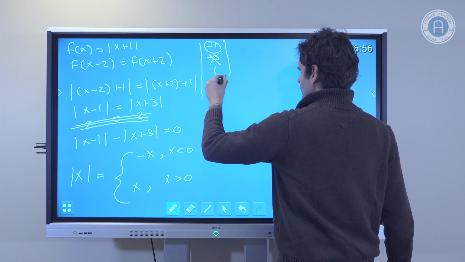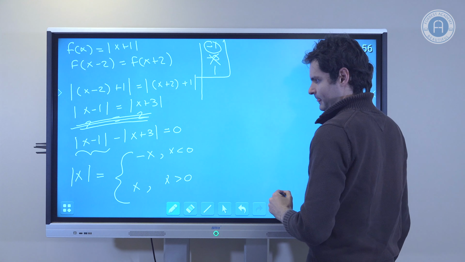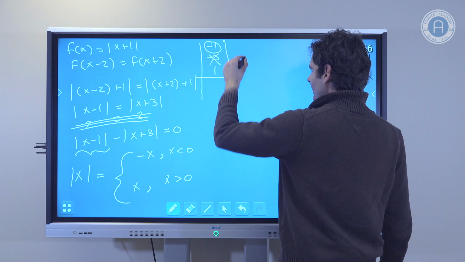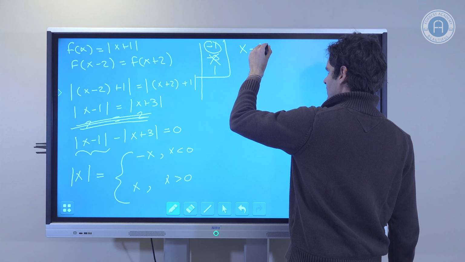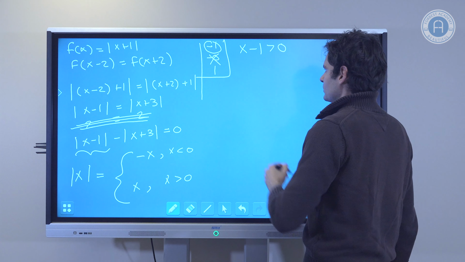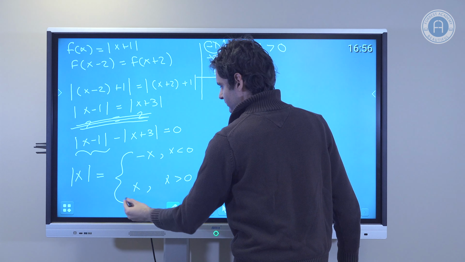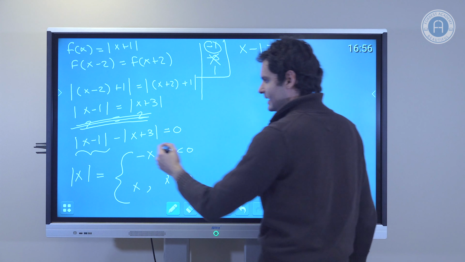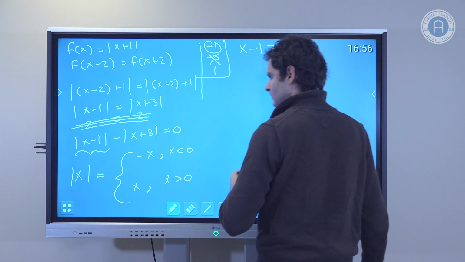So let's just take, for example, look at this term. Let's say that x minus 1 is positive. So if x minus 1 is positive, we're taking the positive branch, right? So it means that the absolute value of x minus 1 is just x minus 1, right?